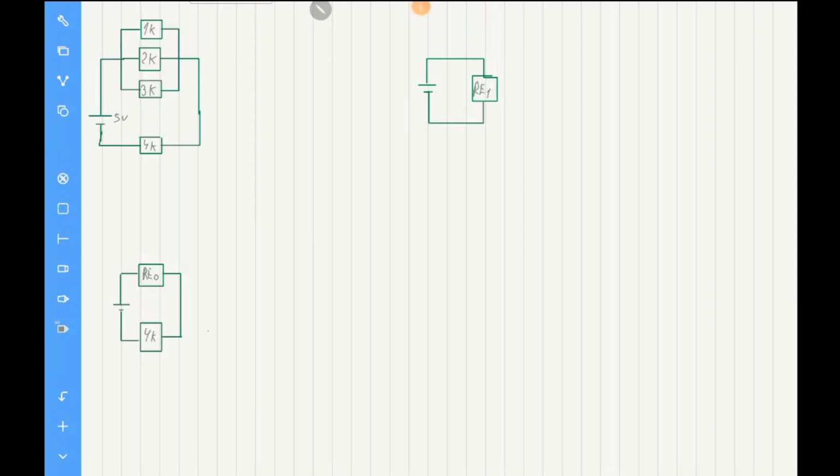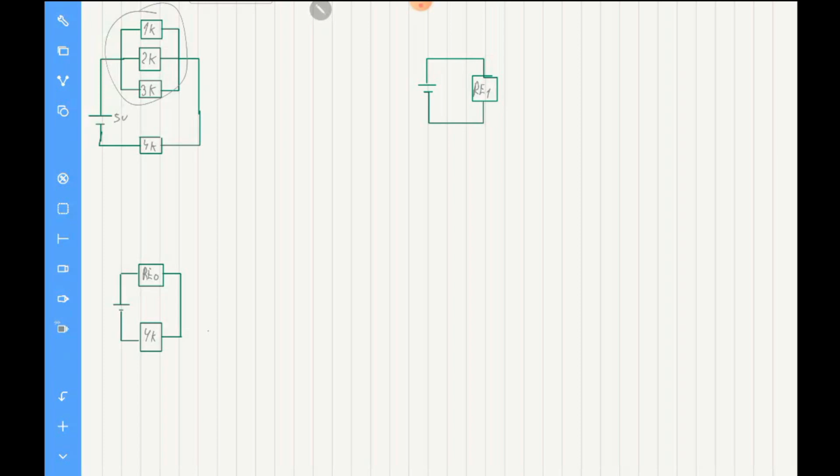Okay, as I told you before, I calculate the current in R1, R2, R3 and R4, the equivalent current and the equivalent resistance. Here we need to calculate the equivalent resistance in this parallel circuit, and we can do it if we operate.